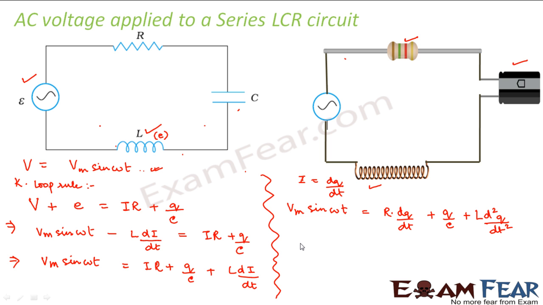Now if we arrange this equation, we can write it as L d square Q by dt square plus R dq by dt plus Q by C is equal to Vm sine omega t.